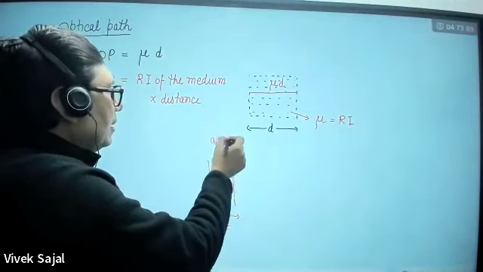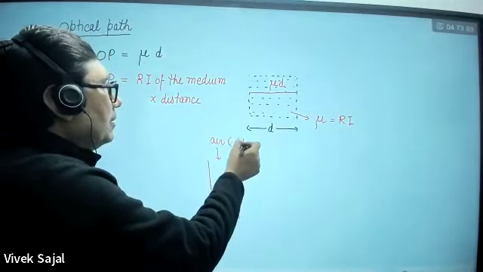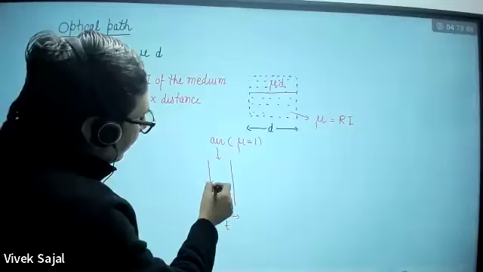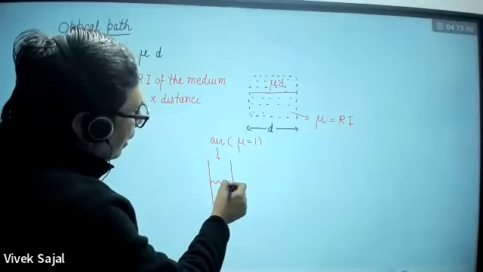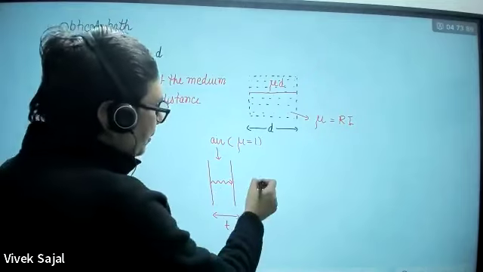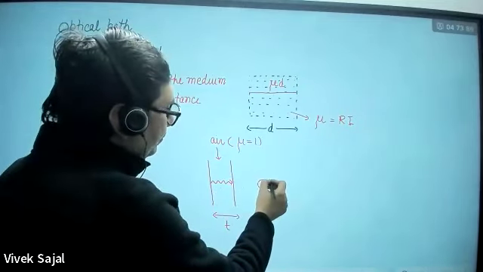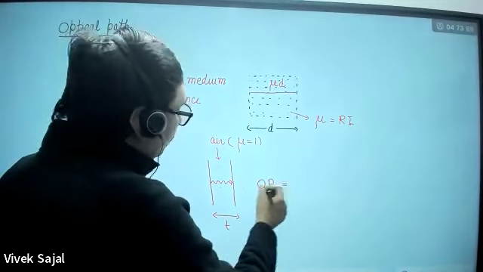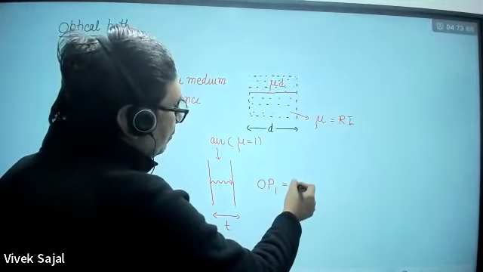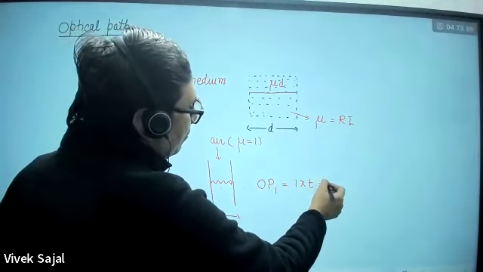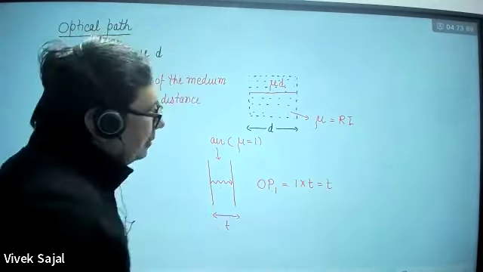That is air, and the refractive index of air is equal to 1. If light waves travel from here to here, how much optical path will be traveled by the light? I write it as optical path 1, OP1. This will be refractive index 1 into thickness t, so this will be equal to t.